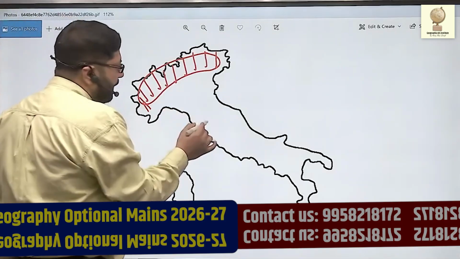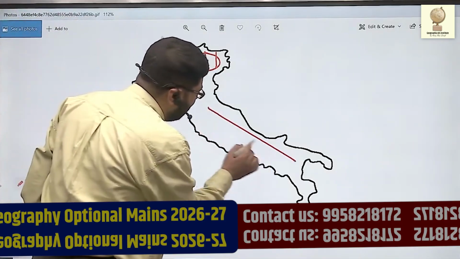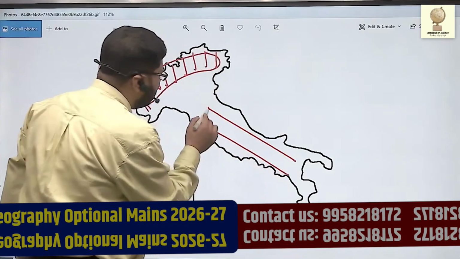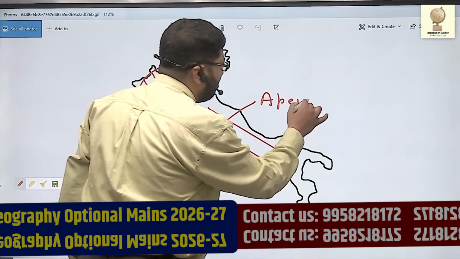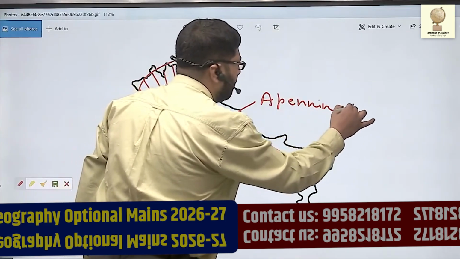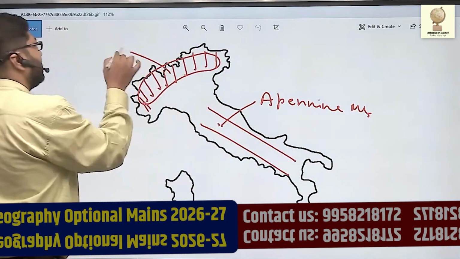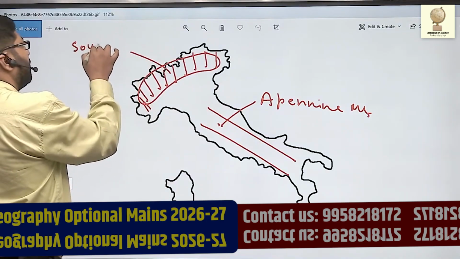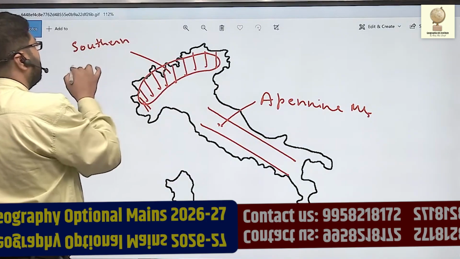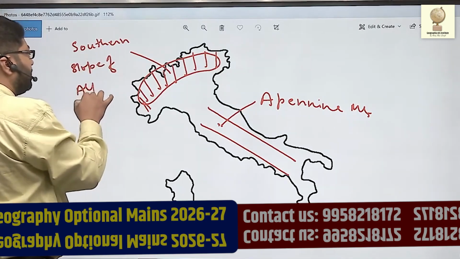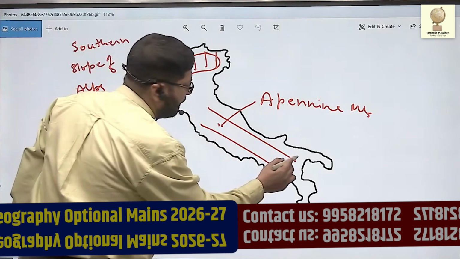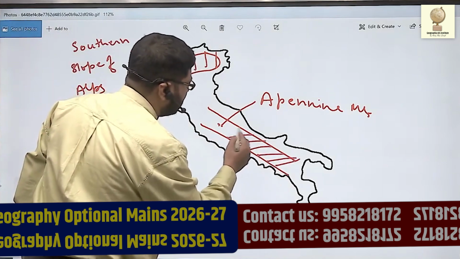Then Peninsula Italy has a huge mountain range, that is the Apennine mountains. In Peninsula Italy it is mountainous.